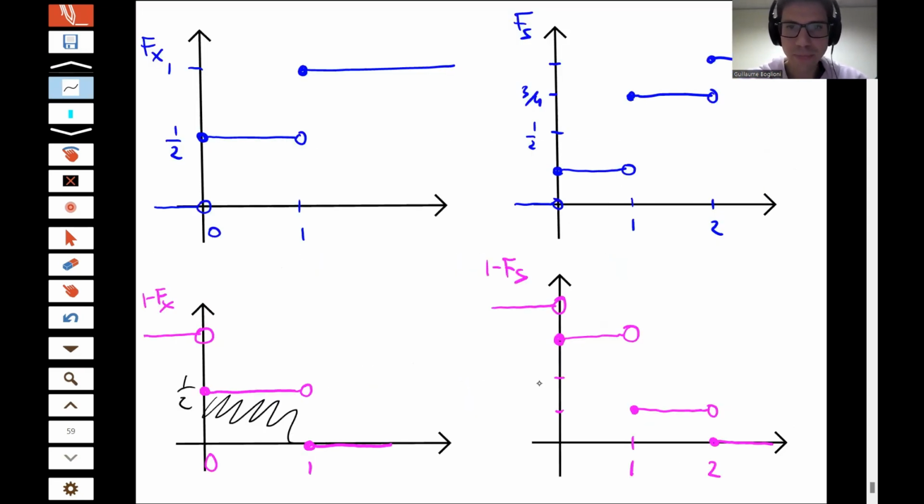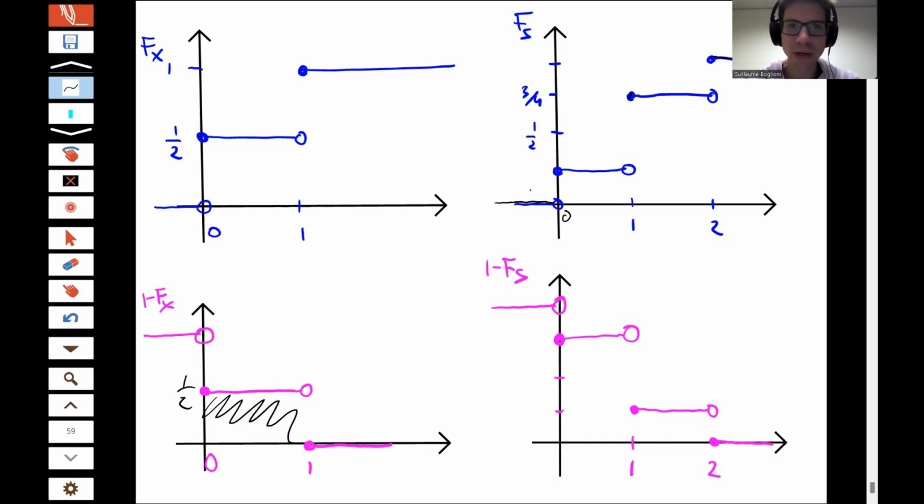Before 0 it's 0, and then at 0 exactly it jumps to 1/4, because the probability that the binomial equals 0 is 1/4, and then at 1 it jumps to 3/4, because the probability it's 0 plus the probability it's 1 is 1/4 plus 1/2, which is 3/4, and at 2 it jumps to 1.